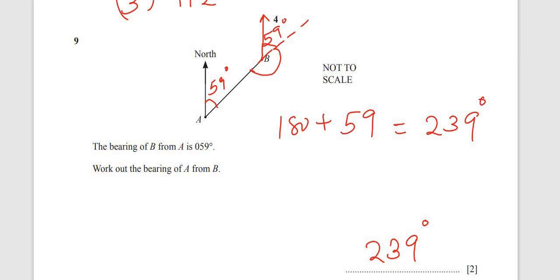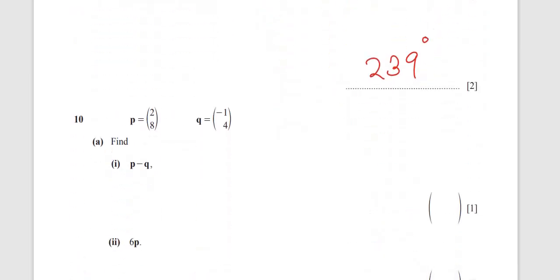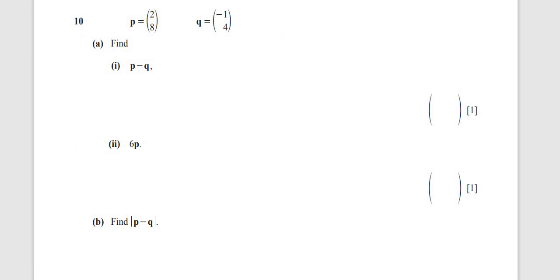Then let's move on to question number 10. So we have vector P, which is (2, 8), and vector Q is (-1, 4). So P minus Q, so we just need to write them as P, which is (2, 8), minus Q, which is (-1, 4).